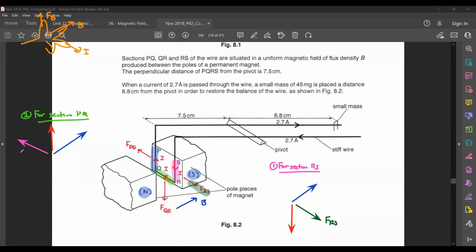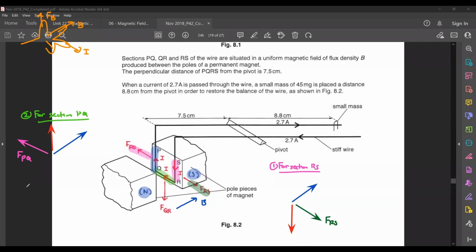This would be my FPQ, which is this one here. Okay. Now notice that these two forces are actually opposite to each other, and because it was the same current and also the same length of wire that is inside the field, you could also say that the forces will be equal in magnitude too. So forces PQ and RS are actually equal and opposite to each other, but more on that later.